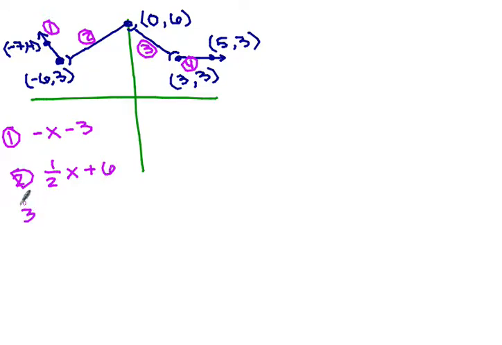For equation number 3, again, we're going down 3 over 3, so this has a slope of -1 again. And a y-intercept of 6, because that was given to us. And then lastly, equation number 4, that has a slope of 0, and it goes through a y-intercept of 3. So this is just y equals 3.